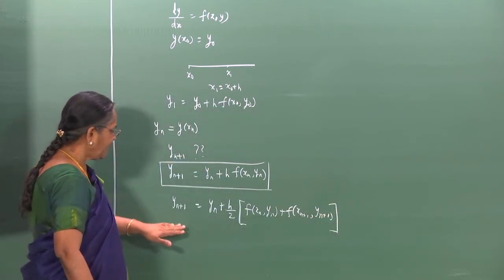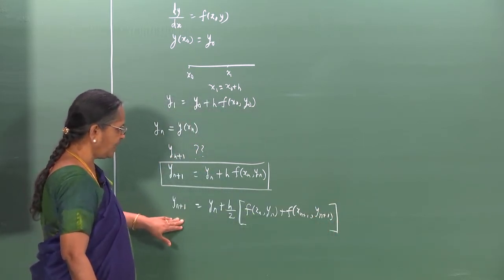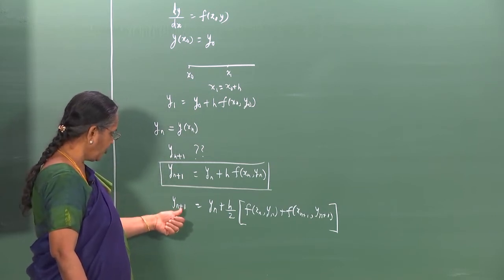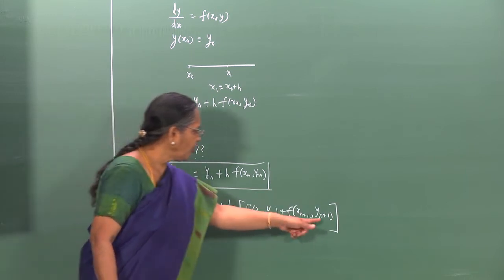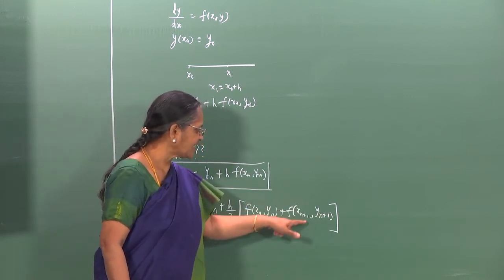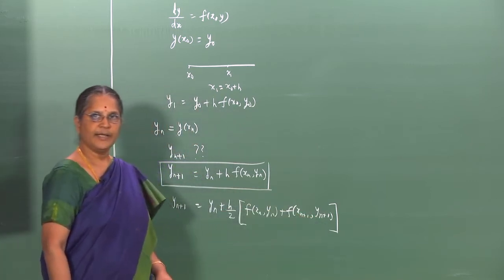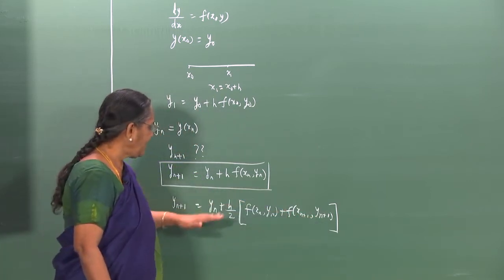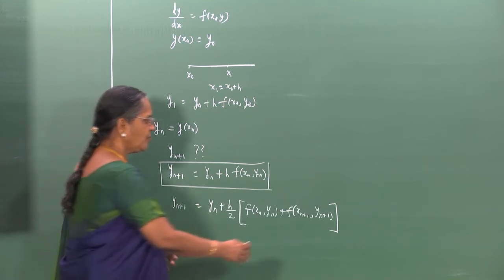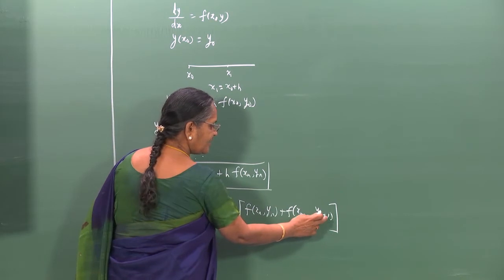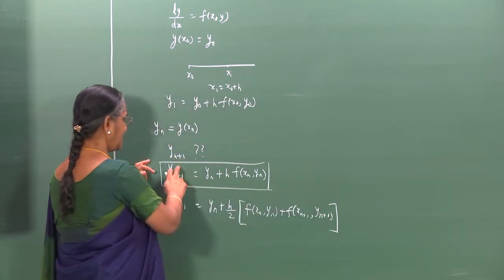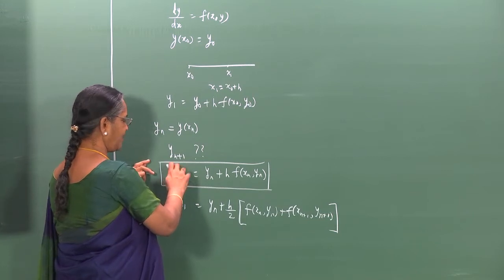And we observed when we derived this formula that the unknown yn+1 appears not only on the left side, but it also appears here, and we need the value of the function at (xn+1, yn+1). But our goal in deriving the method was to obtain what yn+1 is. So, this suggests that we can use the value of yn+1 as predicted by Euler's method.